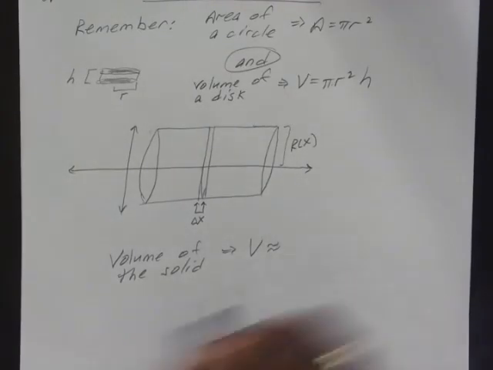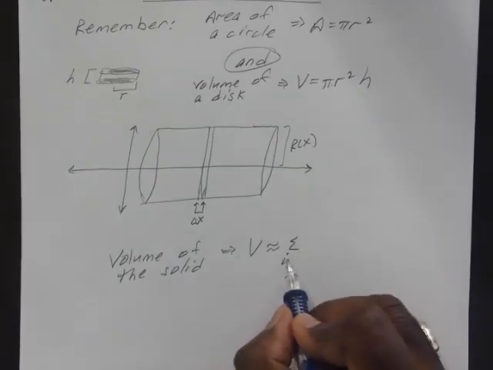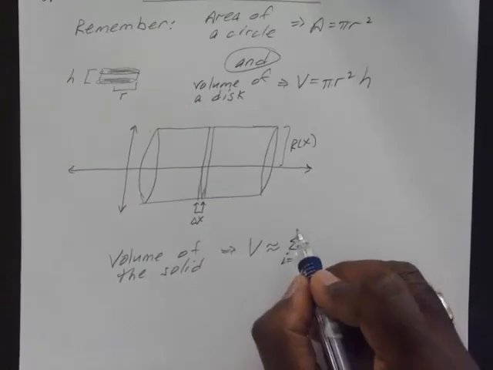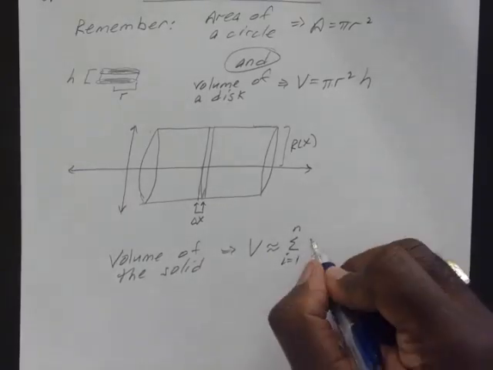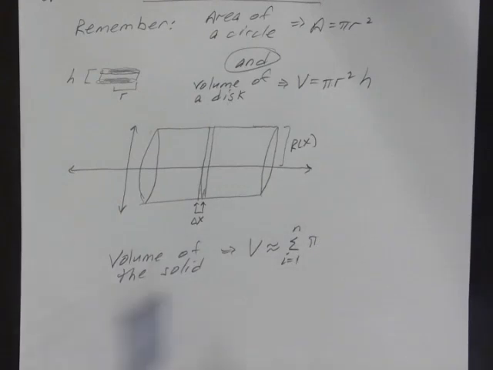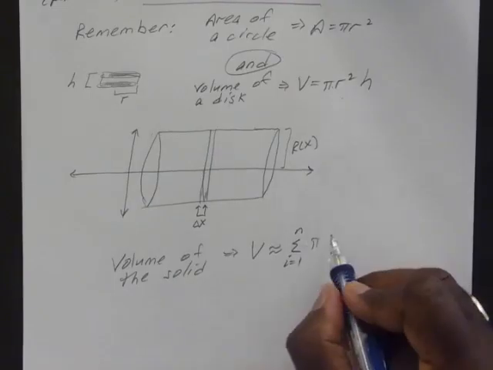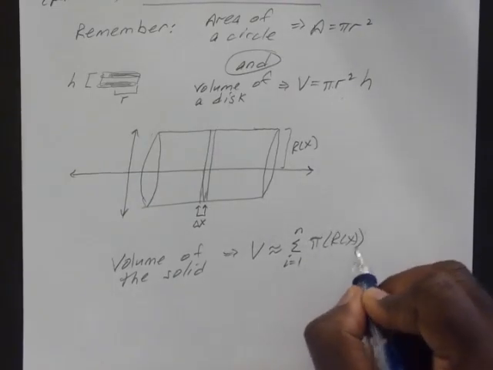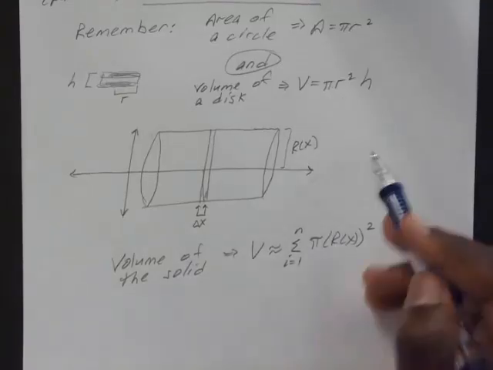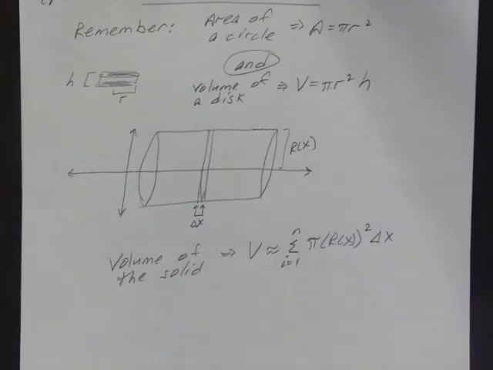would be approximately equal to the sum from i equals 1 to n of pi times the radius function squared, since that's our radius squared, times delta x.